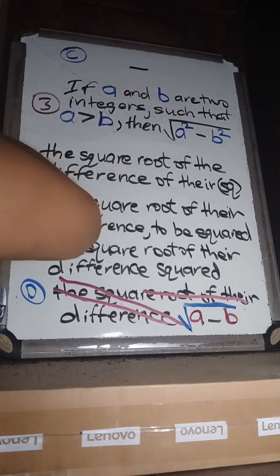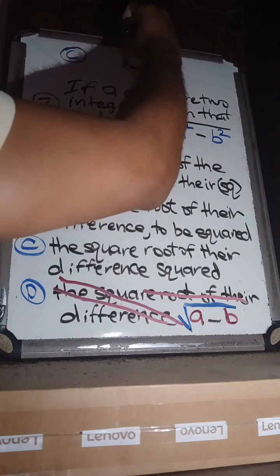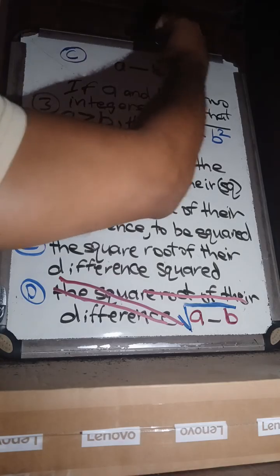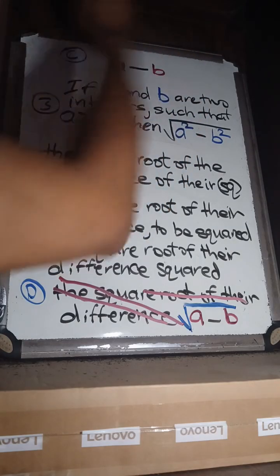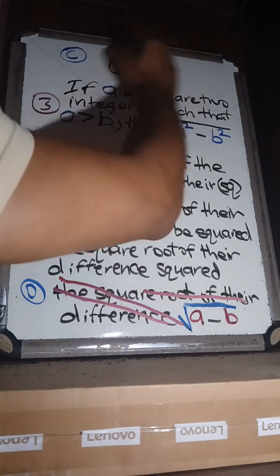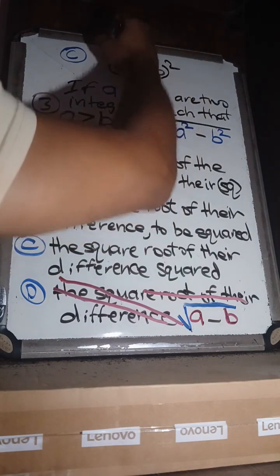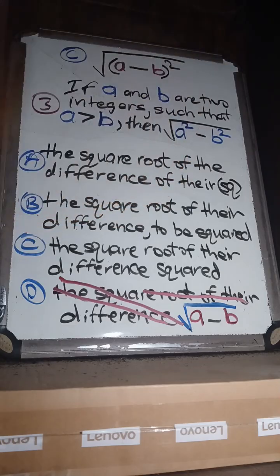Their difference squared is A minus B, all of that is squared, and you put a square root over all of that. The square root of their difference squared looks like that. And it doesn't look anything like what we have right here.